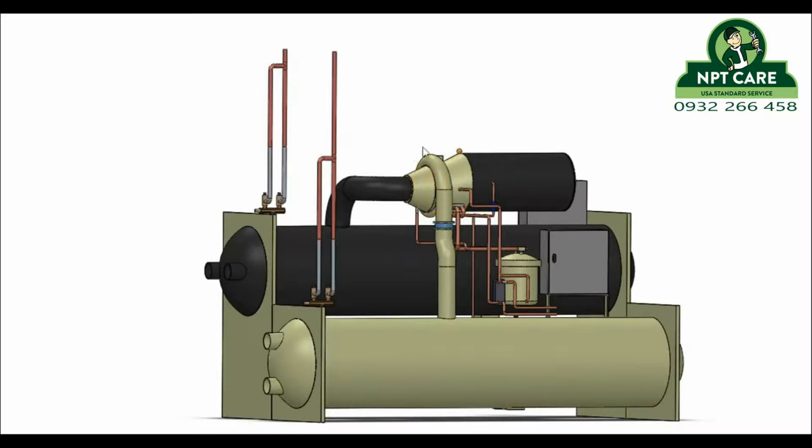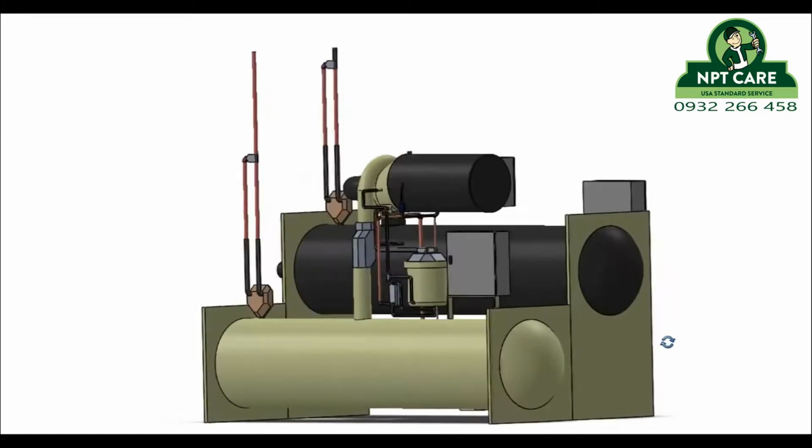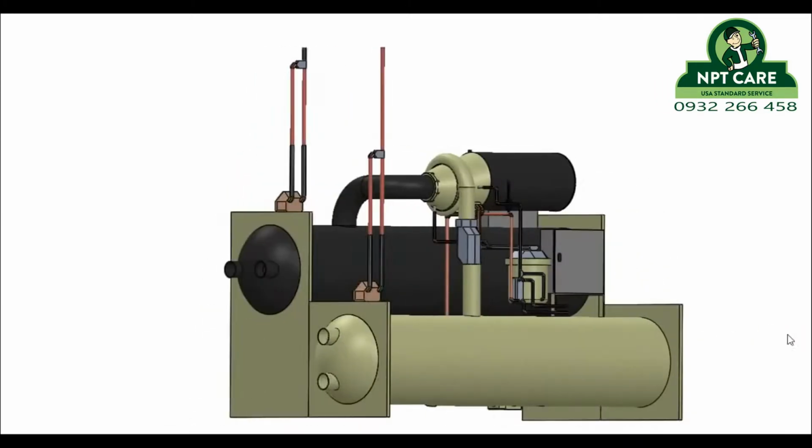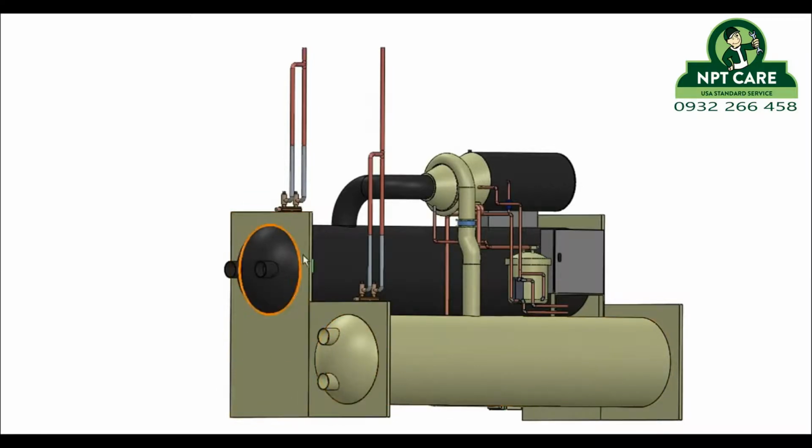So as I was saying, there's the compressor up on the top there with the electrical motor mounted on the back there. Now down here we've got the condenser. That's this large tube or cylinder here with the inlet and outlet. That's where the water comes in and leaves again.